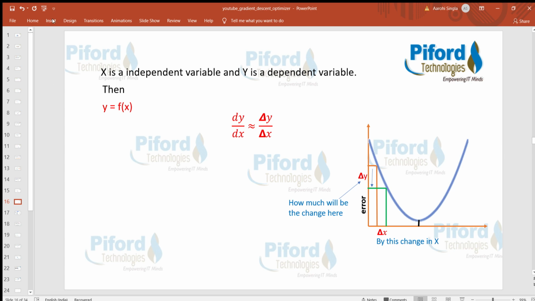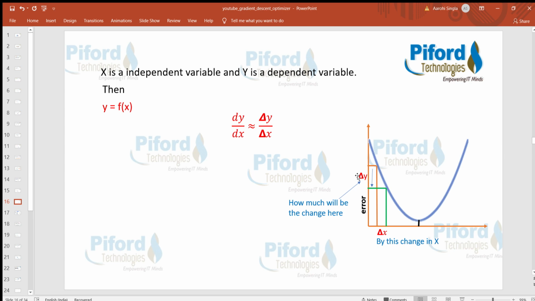If we see over here, assume x is an independent variable and y is a dependent variable. This is the x-axis. And we can also say that y is a function of x, because y is dependent on x.